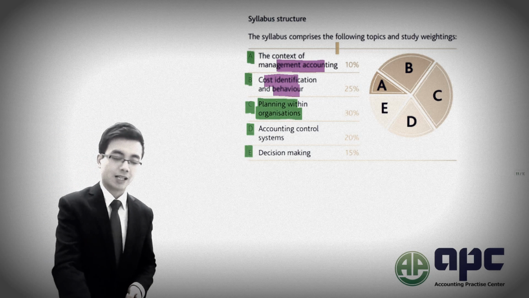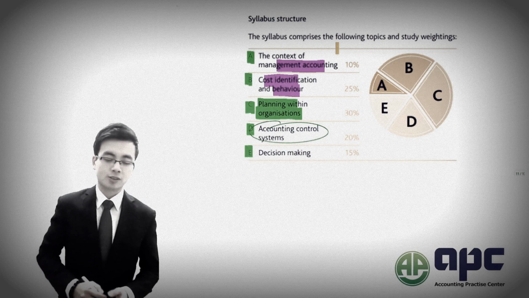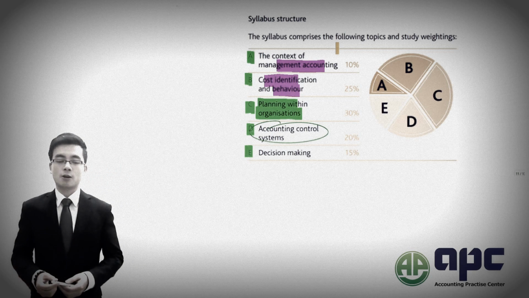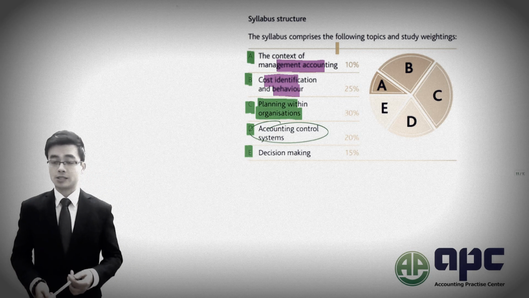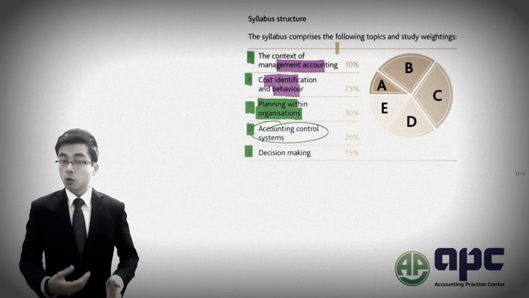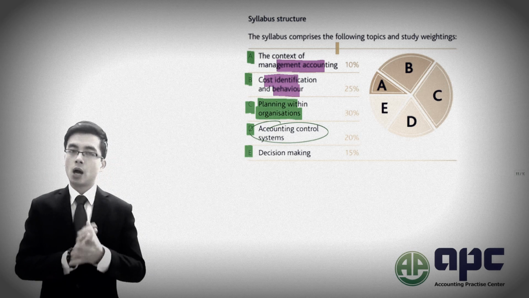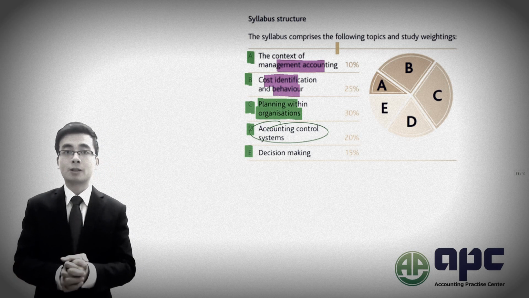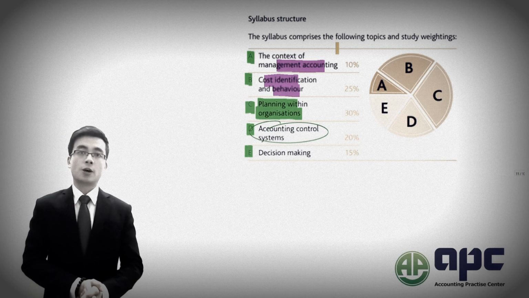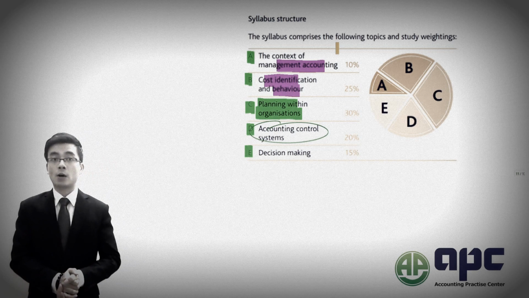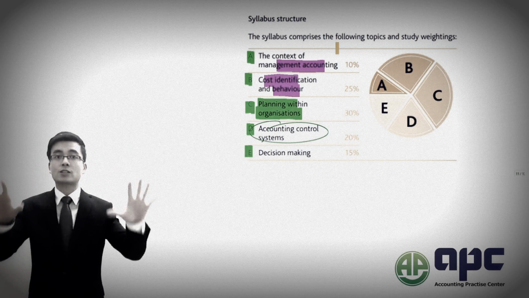Not only for that, but you also need to look at section D, where we're going to account for the control systems. What I mean here is that we are mainly focusing on the budgeted financial statements. Within a company we've got two sets of accounts.